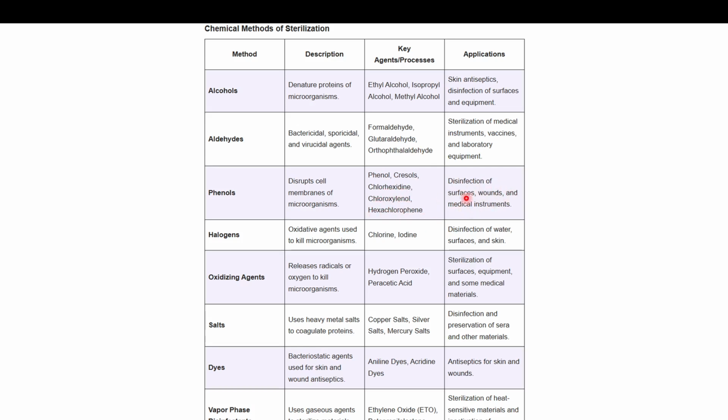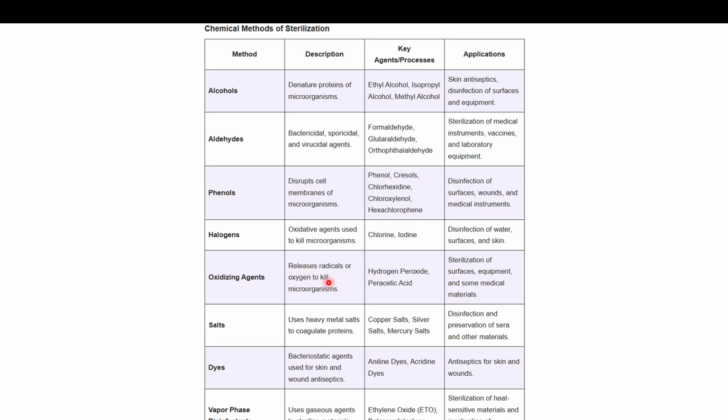These are used to disinfect surfaces, wounds, and medical instruments. One can even use halogens, which are oxidative agents used to kill microbes, like chlorine and iodine, for disinfection of water. Swimming pools and drinking water facilities usually use chlorine or iodine for disinfection in water treatment, and on skin one uses iodine tincture as well.